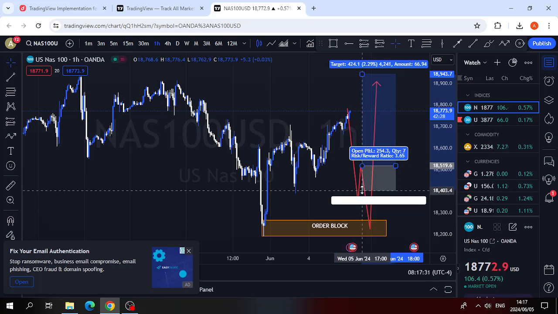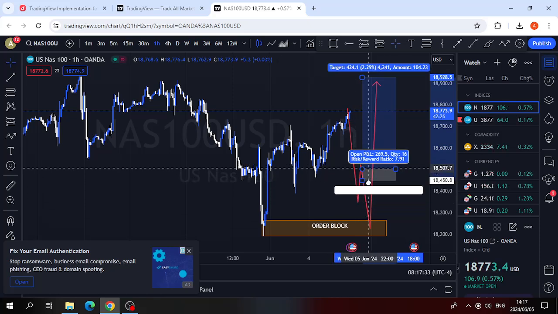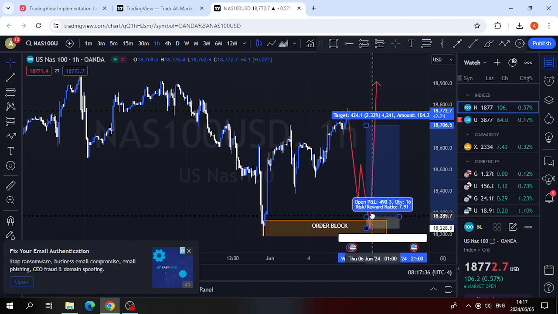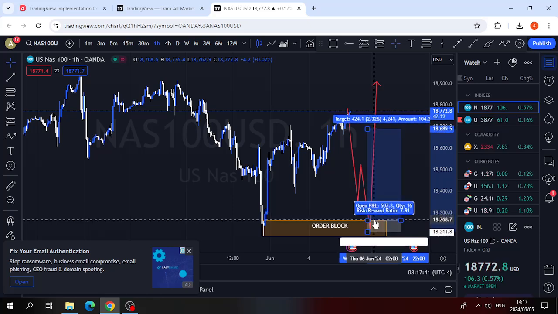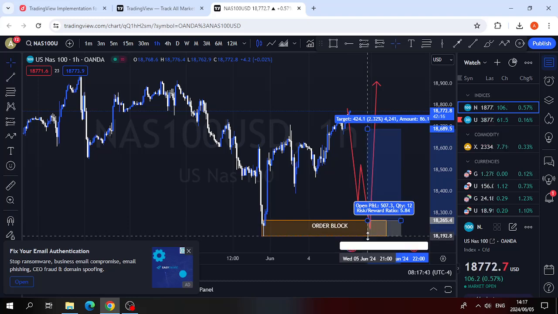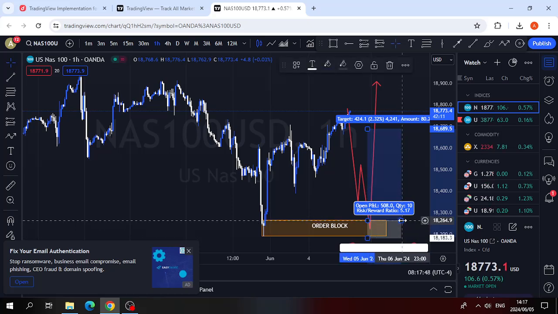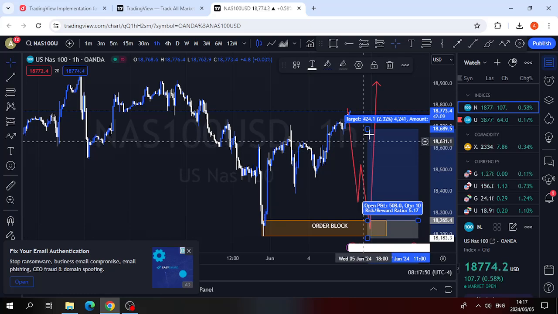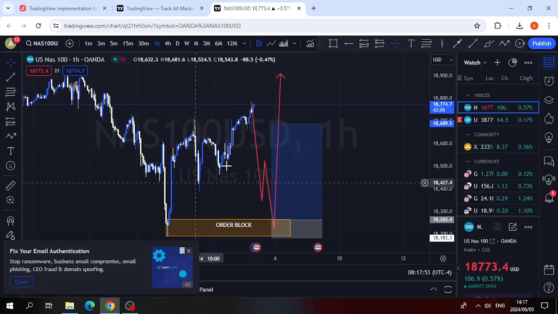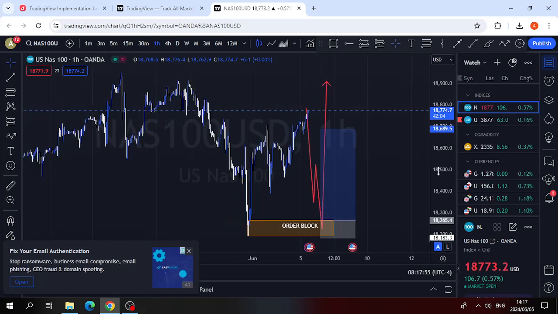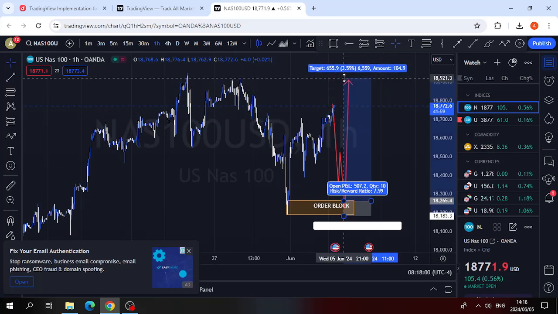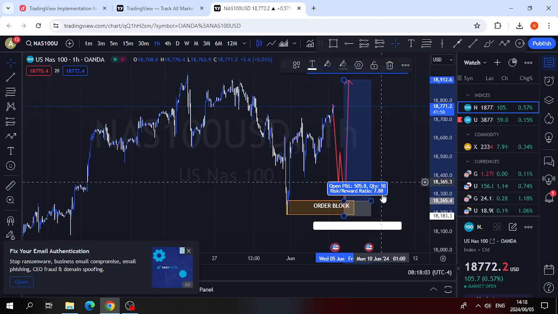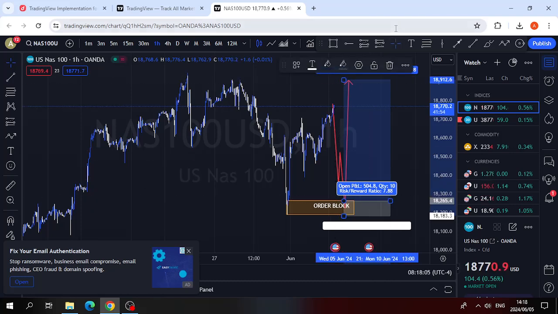I would enter at the beginning of my order block, set my stop loss just below the order block, and look for a take profit of, like I said, 1:4 going upwards. Sometimes it can go all the way to 1:10, 1:20, depending on how far the market decides to go. And I hope that makes sense.